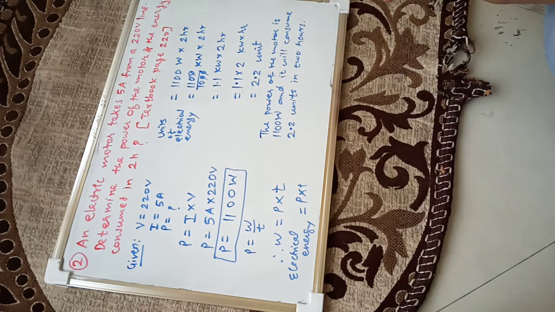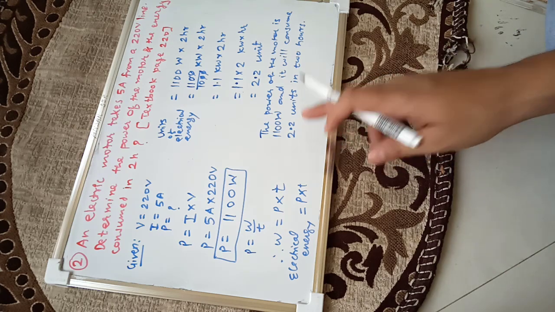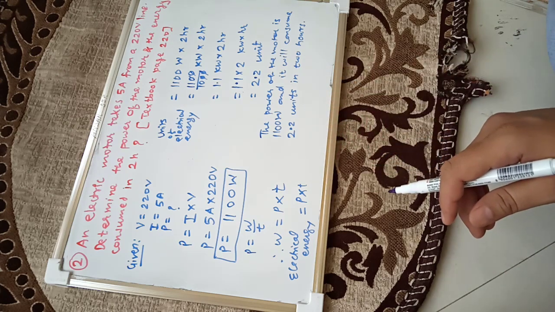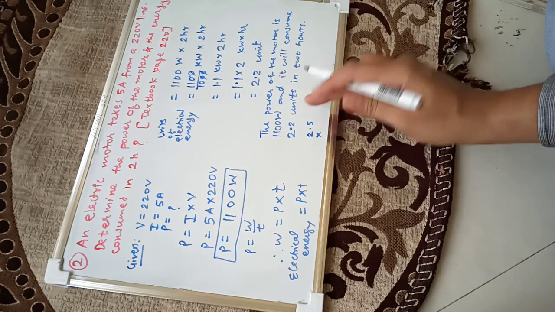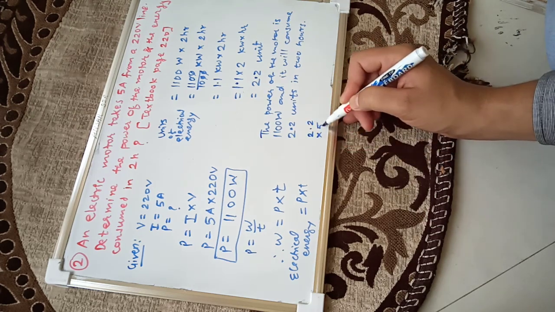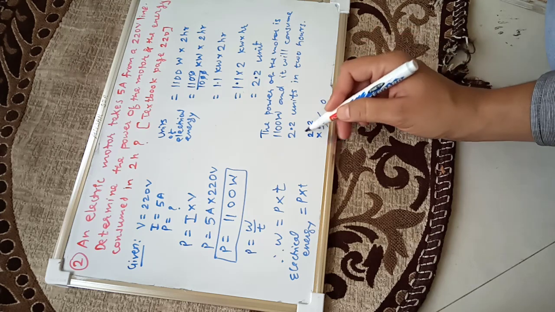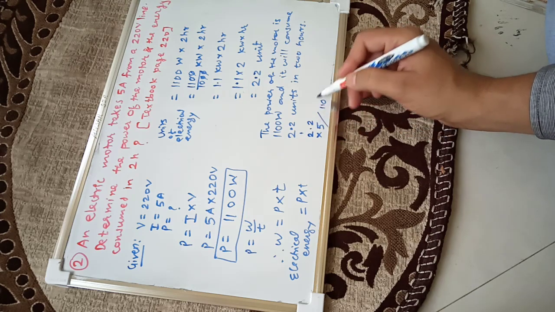They could ask us to calculate the electricity bill also. If they had asked to calculate the electricity bill at the rate of 5 rupees per unit, then we would multiply 2.2 by 5. 2.2 multiplied by 5 gives 5 tens are 10, carry 1, 5 tens are 10, 11, 110.